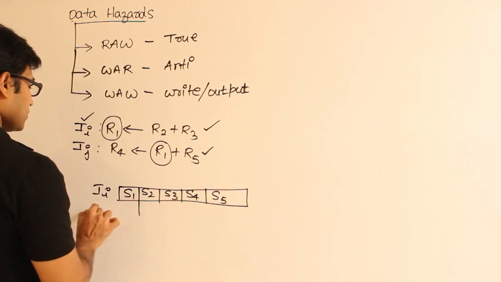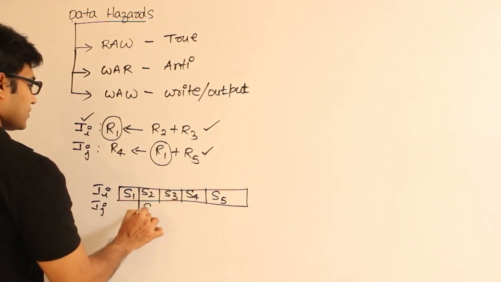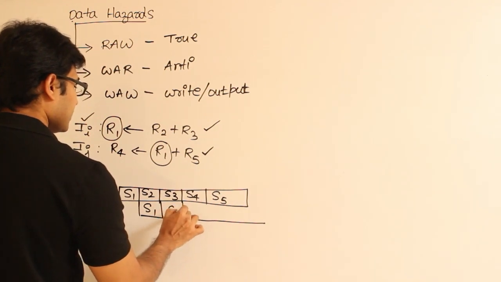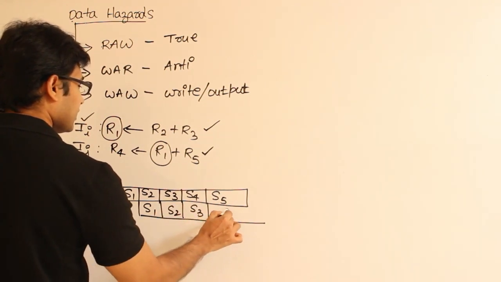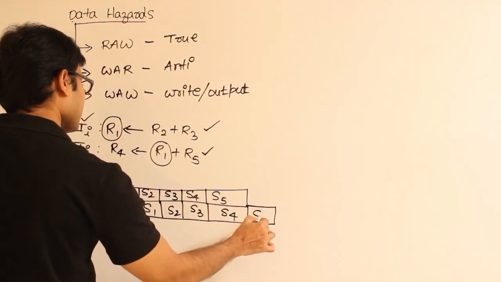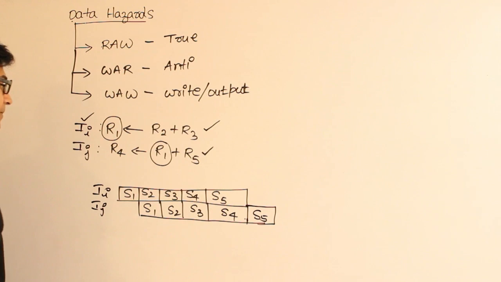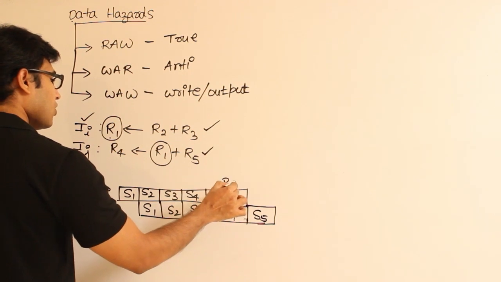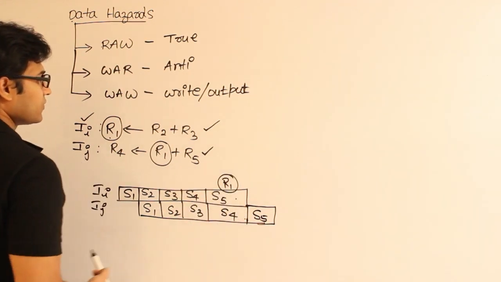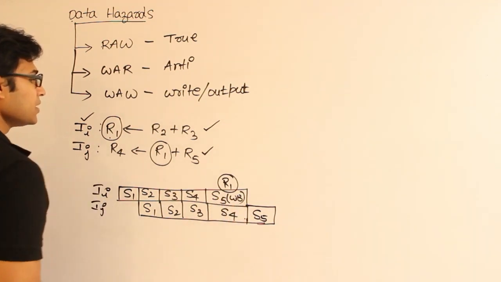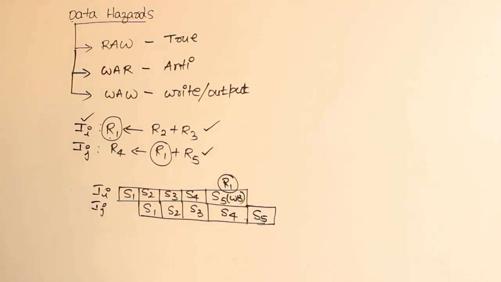Now Ij is going to start here, with its stages S1, S2, S3, S4 and S5. The value of R1 will be stored into R1 only after the execution of the 5th stage. Let us say this is the stage where write back happens, so whatever is computed is written back there.